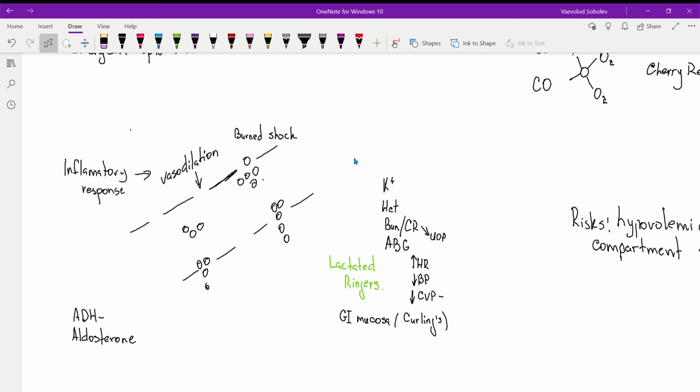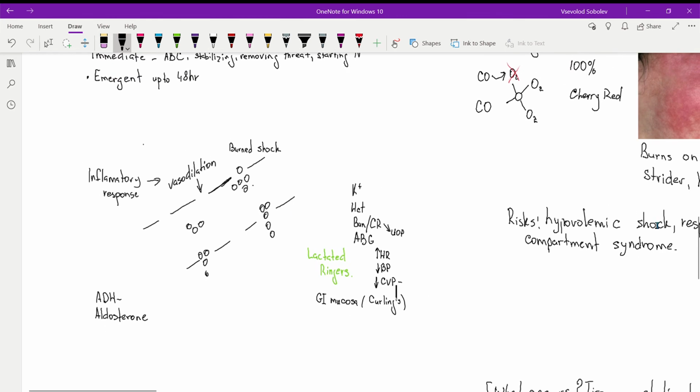If they're on hemodynamic monitoring, we will monitor the central venous pressure, and because of the decreased supply to the GI mucosa, Curling's syndrome can occur, which is ulcers from decreased perfusion.